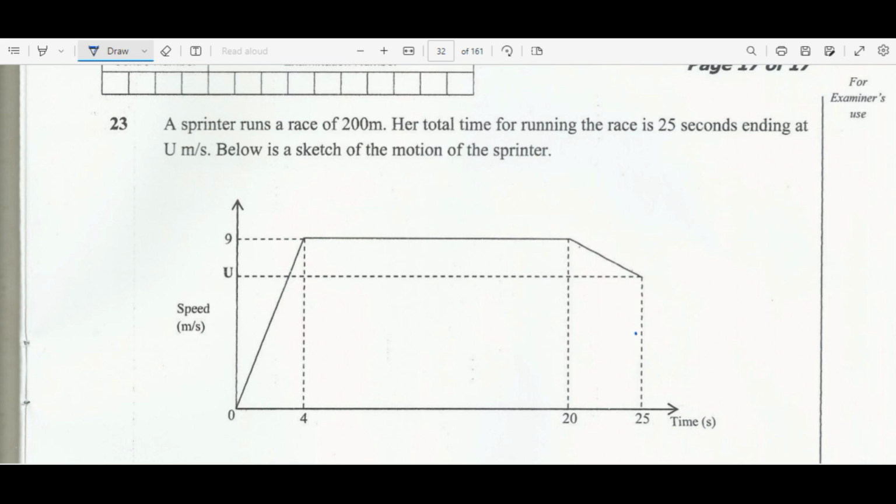So this is the sketch. We are moving from, in speed, 9 meters per second, and then we have u meters per second, and this is the direction of time, and this is the direction of speed. Now let us look at the first question.